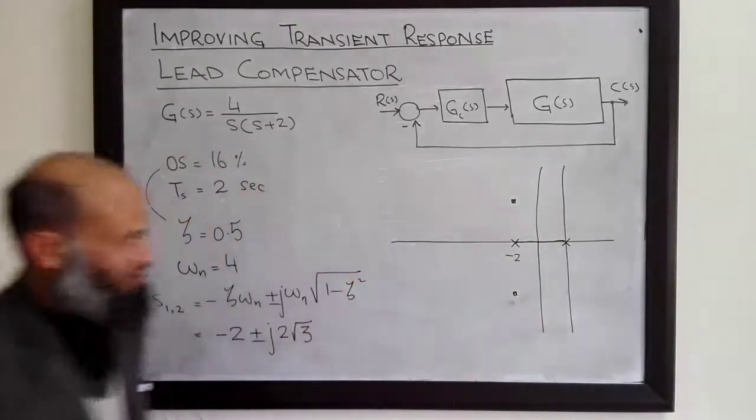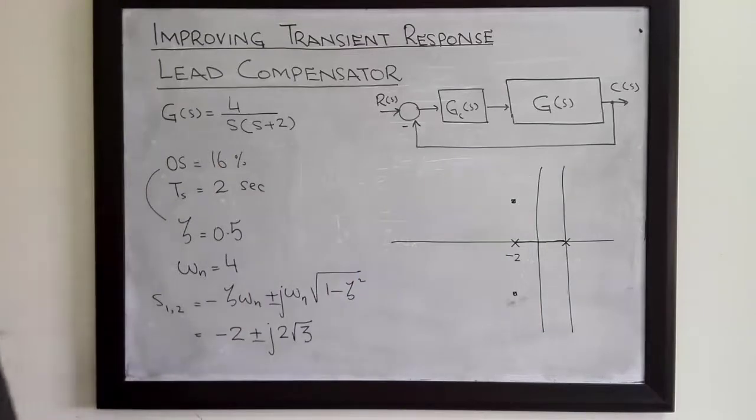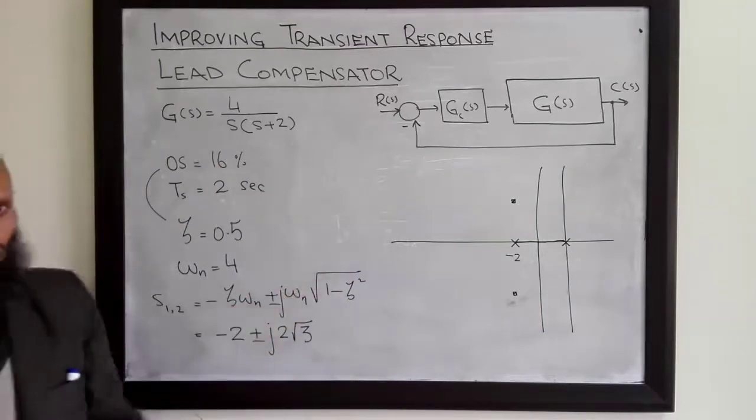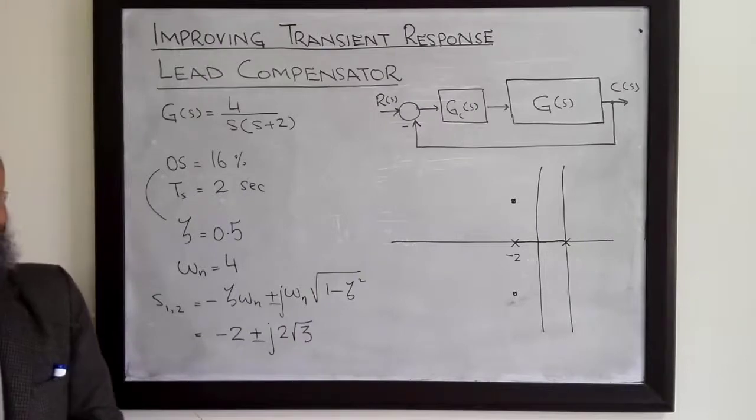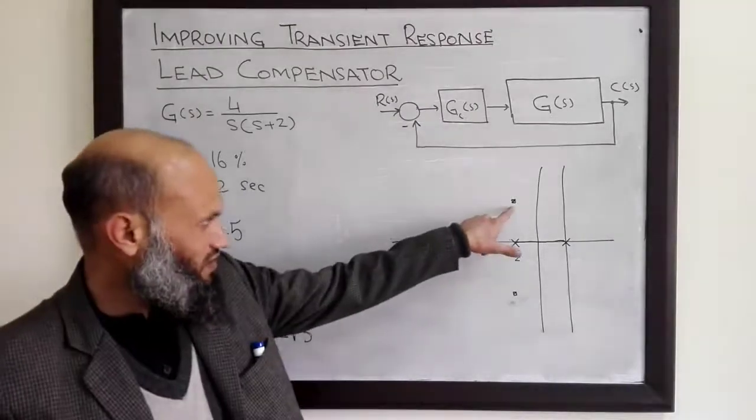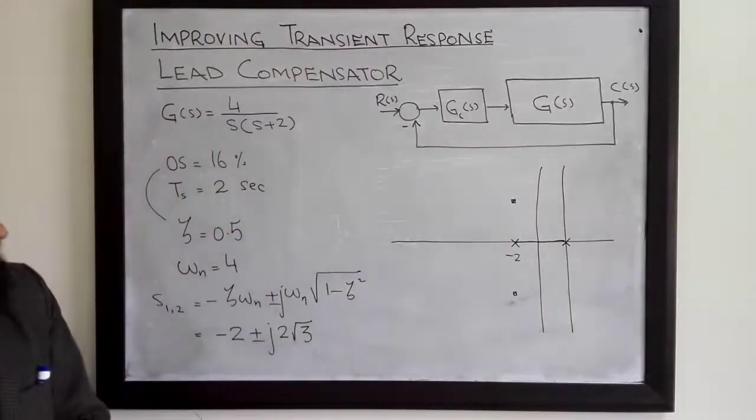We can see that the root locus is not passing through these desired closed loop poles, that is, the angle condition is not satisfied for this point.